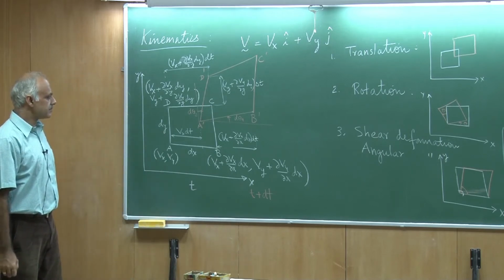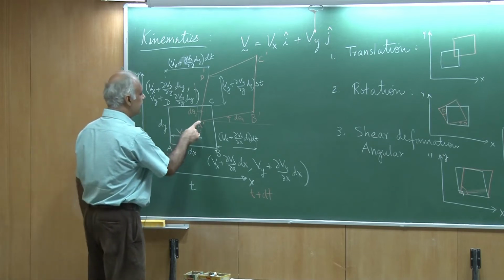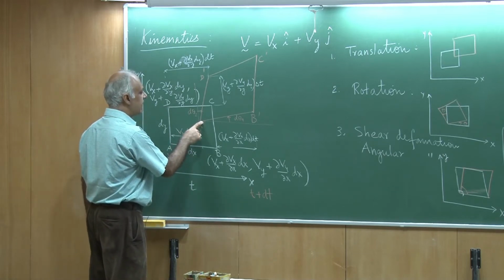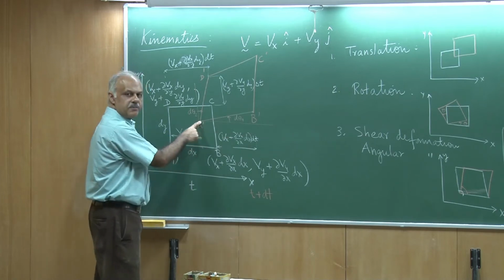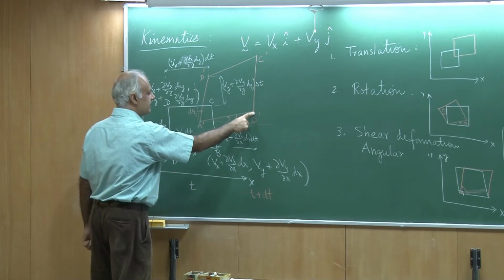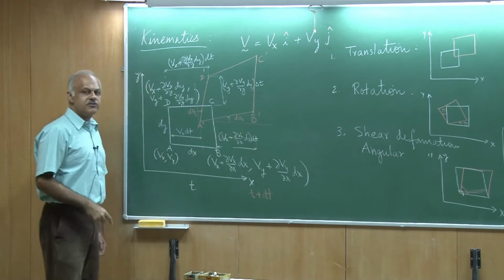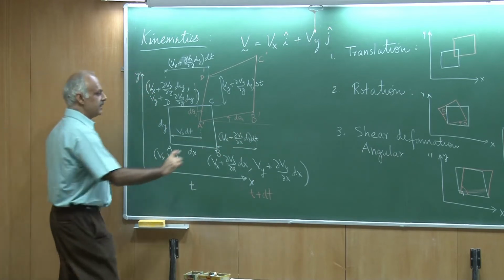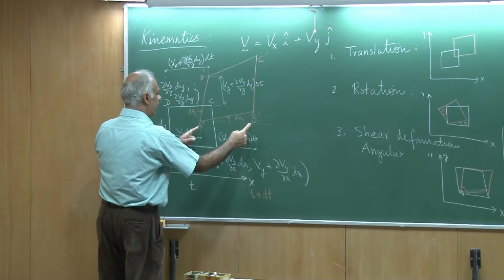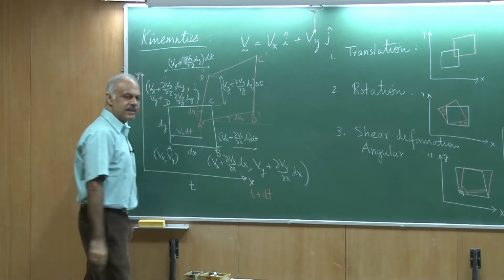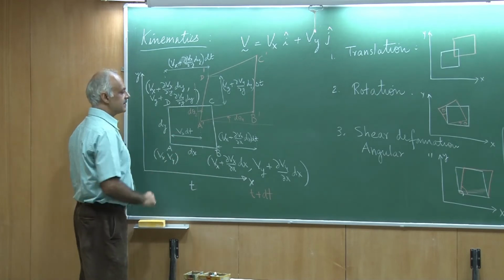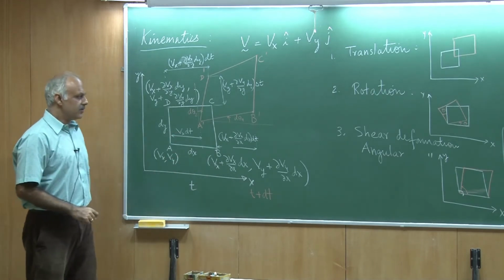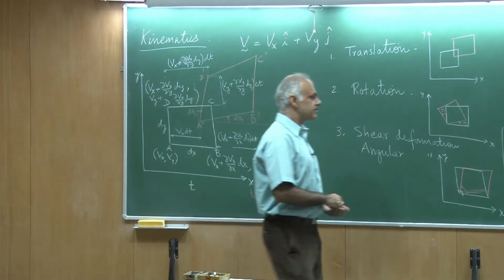It should be possible for me to estimate these angles as well, because I know the vertical distance that A prime has travelled, the vertical distance B prime has travelled, and then the difference between them would give me this length over here, and I already can get an estimate of this length, and thereby I can get an estimate of these angles. Okay. So, let us do some arithmetic.